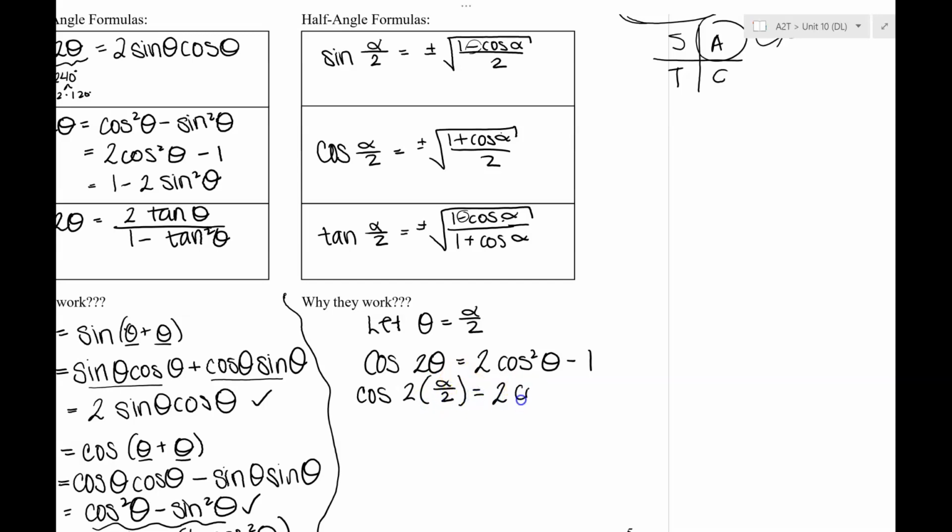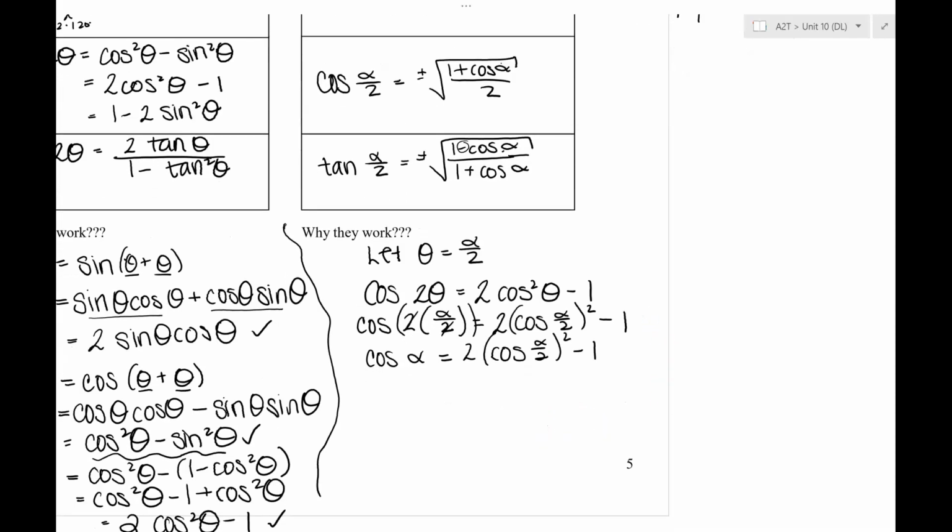Okay, so that's in the first, and then that becomes in the second as well. Well, these 2's are going to cancel out, so we end up with cosine of alpha is equal to 2 times the cosine of alpha over 2 squared minus 1. Remember, we're trying to derive the half angle formula from the double angle. So I'm going to start moving some things around.